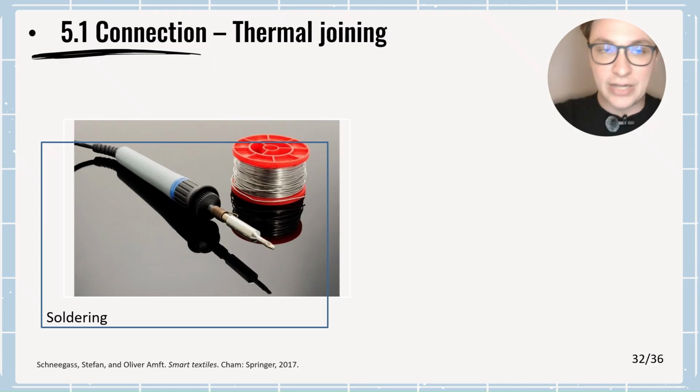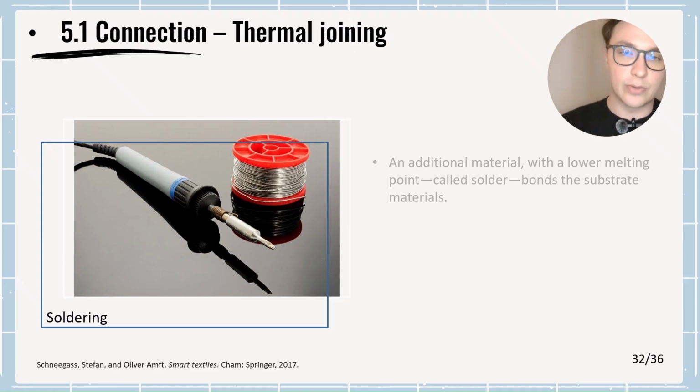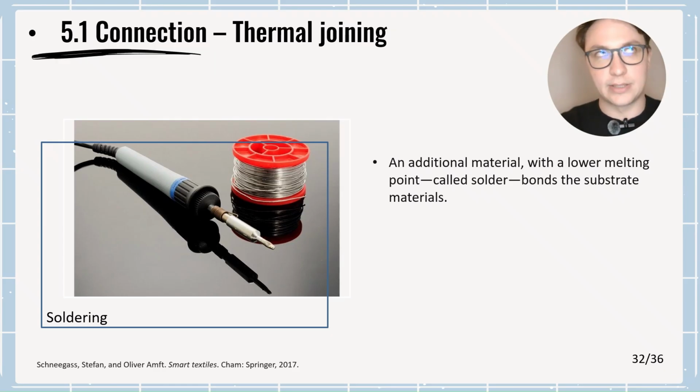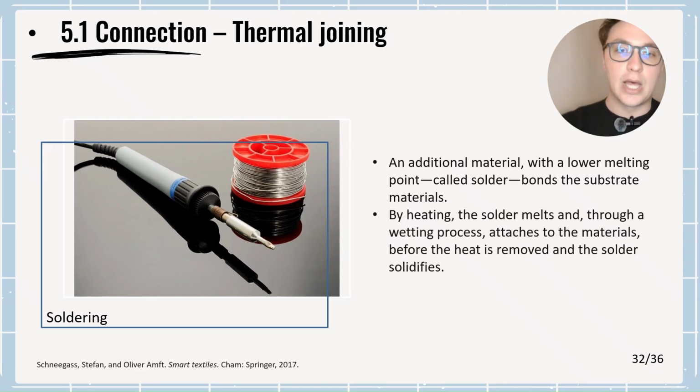I would like to briefly mention some ways to create connections. The easiest one is thermal joining. One of this big family of thermal joining is soldering. As I think the majority of you are aware, it's a matter of adding an additional material with a lower melting point, called solder, to the electronic circuit.